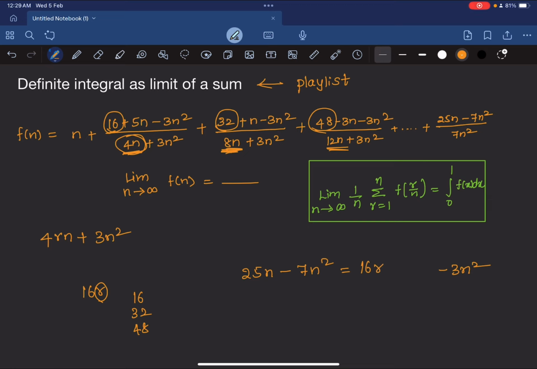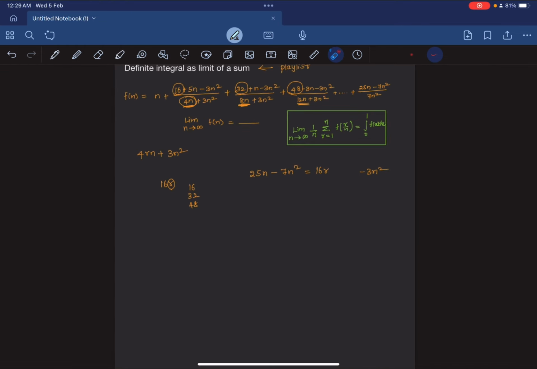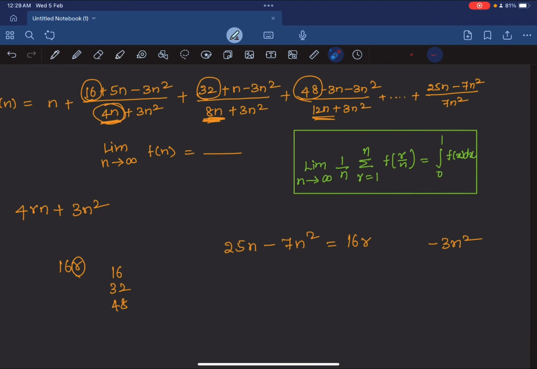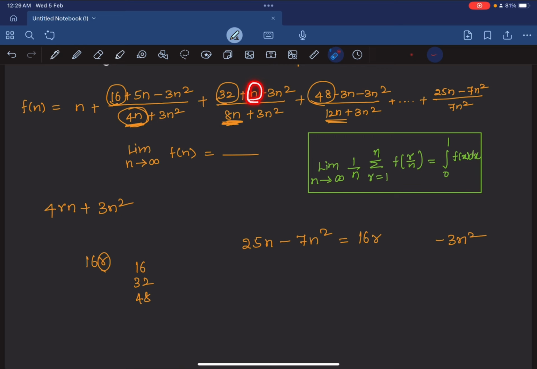Now let us focus on the middle term. Here you have 5n, here you have n. The first term is 5n, the second term is n. So this n can be written as 5n minus 4n.